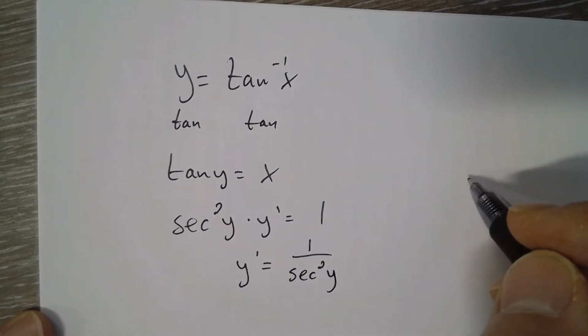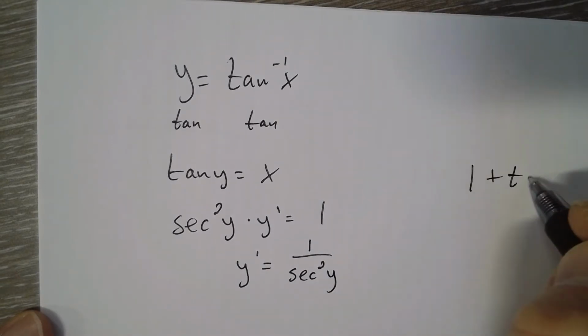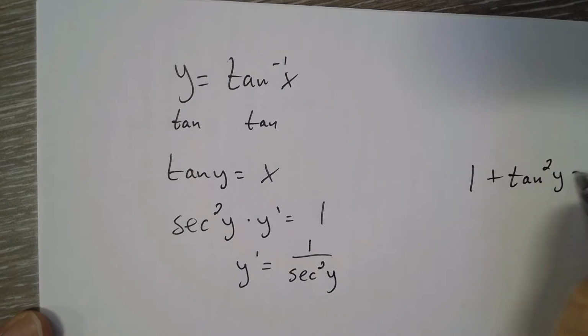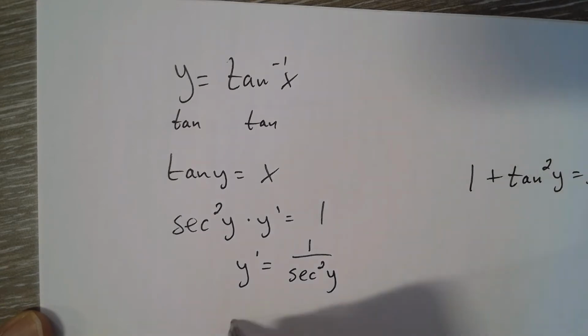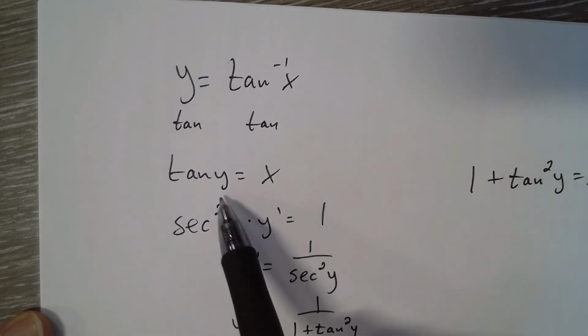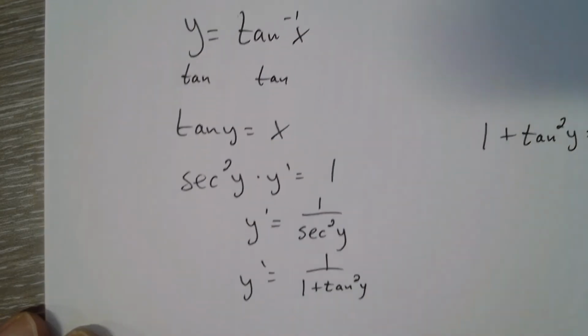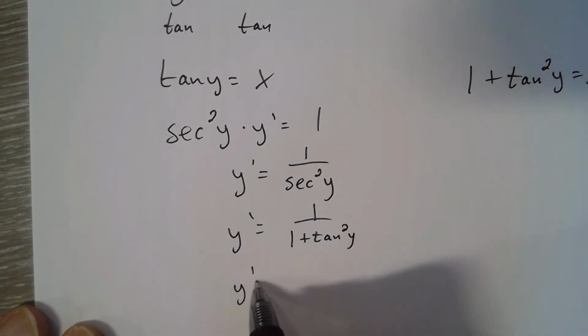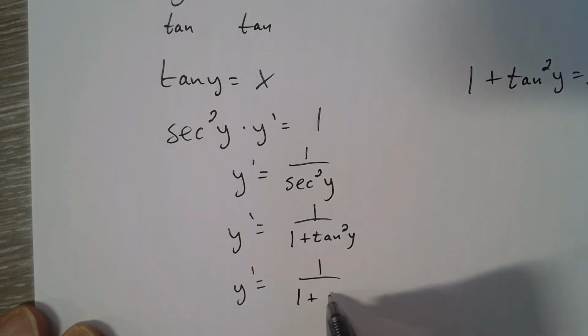And we know that 1 plus tangent squared y is equal to secant squared y. So we could replace that with 1 over 1 plus tangent squared y. And we know that tangent y is x, so y prime would be 1 over 1 plus x squared.